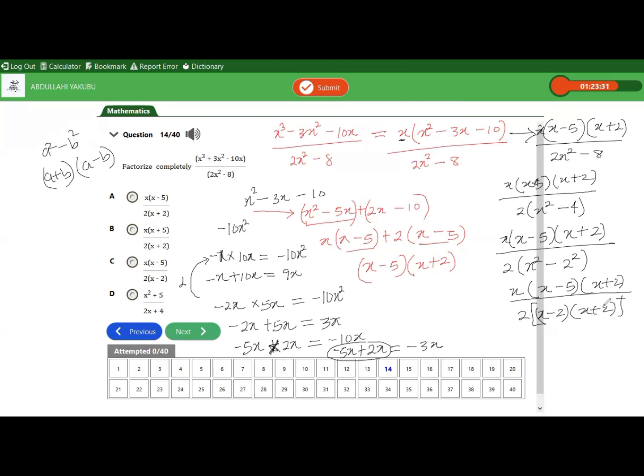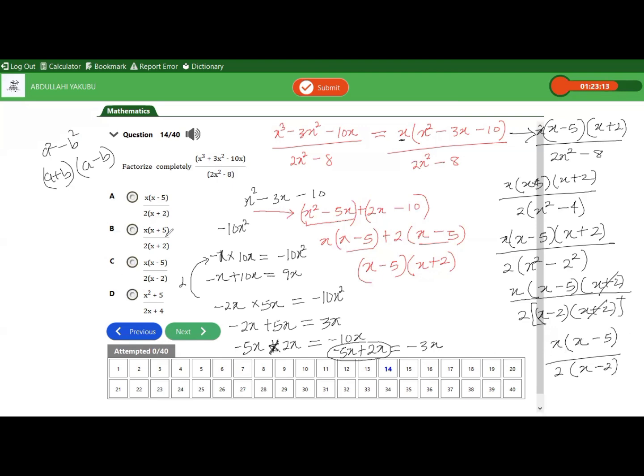So by so doing, we cancel this x plus 2. I'll be left with x into x minus 5 all over 2 into x minus 2 as my final answer.